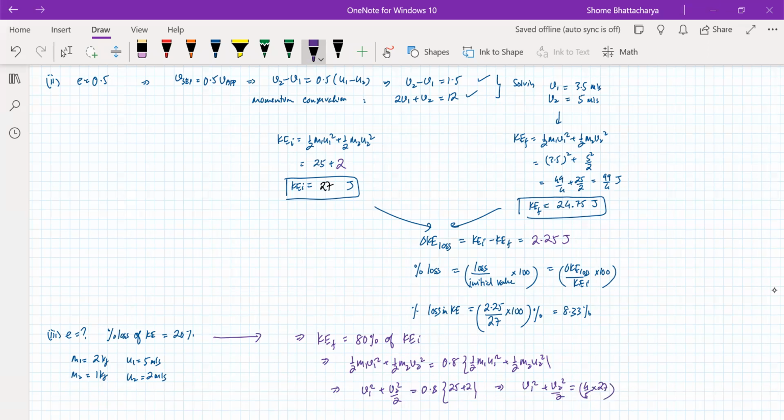So this is one equation, and momentum conservation gives us our second equation. This system of equations has to be solved now.